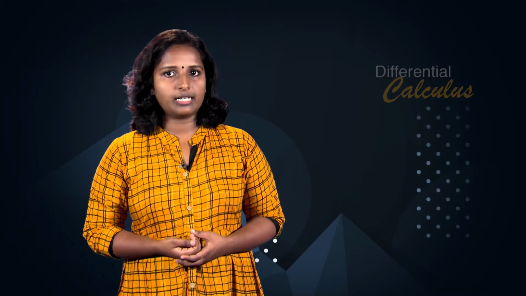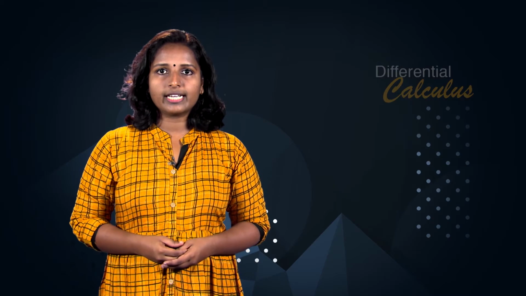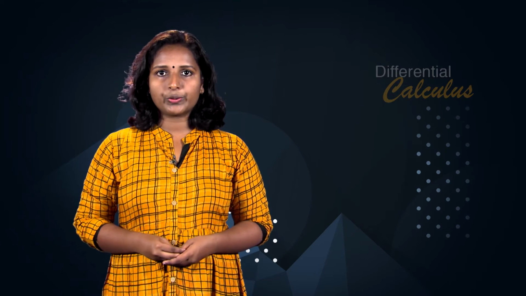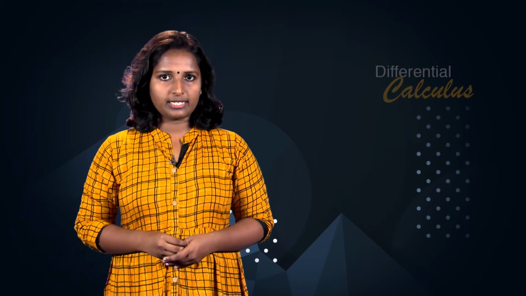As another example, let us examine whether the limit of (x square minus 3x minus 10) upon (x square minus 10x plus 25) as x approaches 5 exists. Here the numerator and denominator both have a 0 at x equal to 5. So, there is a common factor of x minus 5.